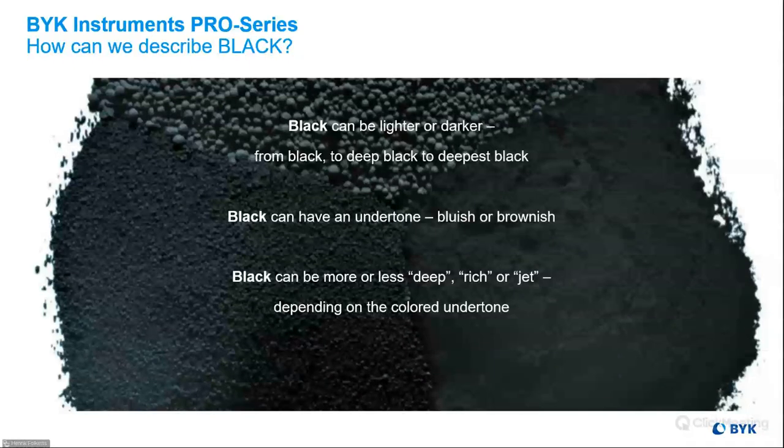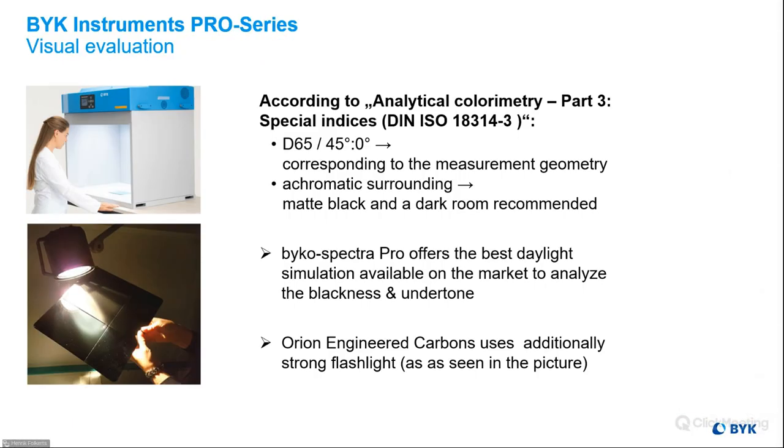But black can have an undertone. Usually it is bluish or brownish. And the undertone of a black color has an impact on the visual assessment. So visual assessment is the right keyword.